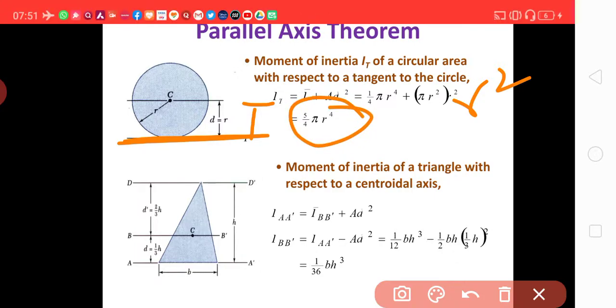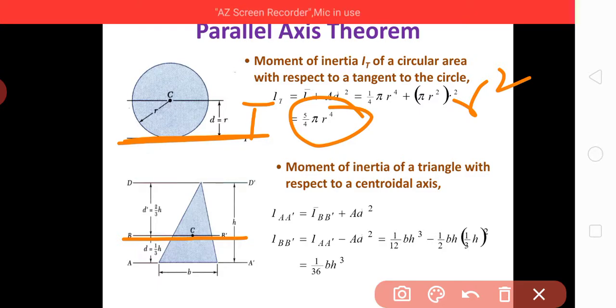Similarly, the moment of inertia of a triangle with respect to the centroidal axis. We know about the base, it was bh cube by 12. When we apply it about this centroidal axis, I b dash equals I b minus A d square. d is the distance between the centroidal axis and the base axis.